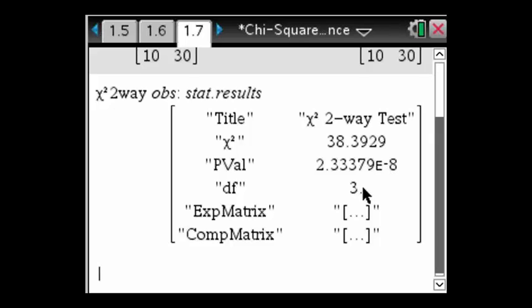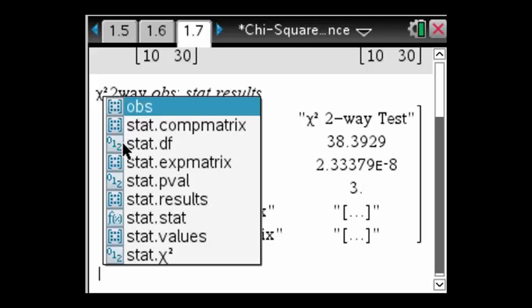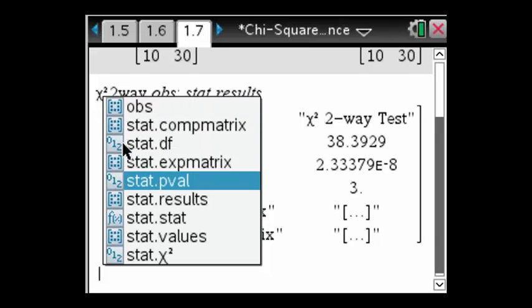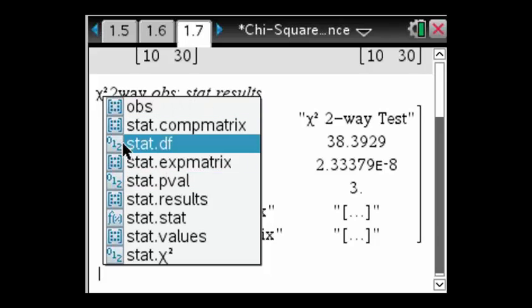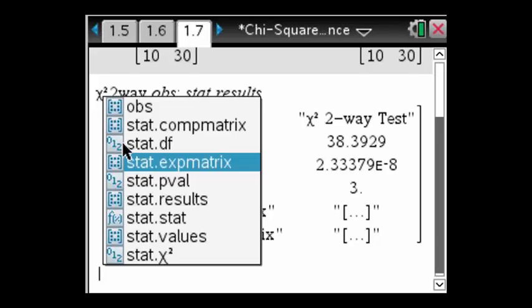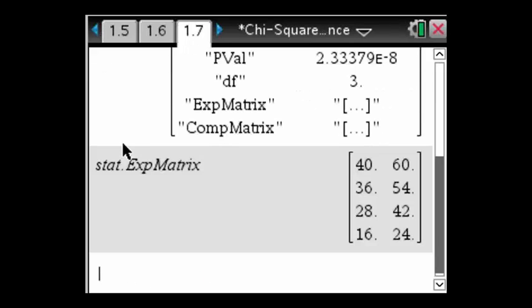The degrees of freedom is 3, and we require the students to interpret these results and then state a conclusion. Now, after completing the test, if you press var, then you can call up the p-value individually. For example, there you can call up the degrees of freedom. You can also call up the expected frequency matrix.